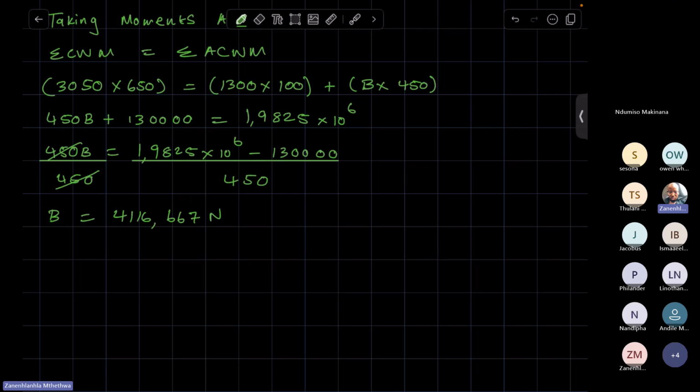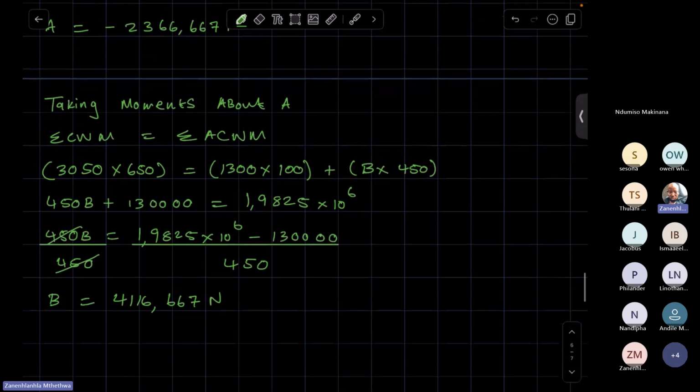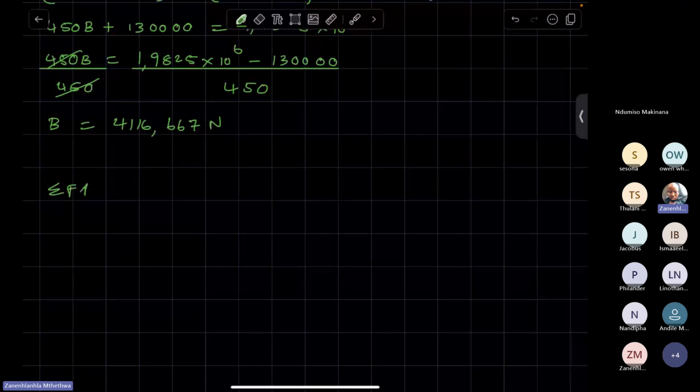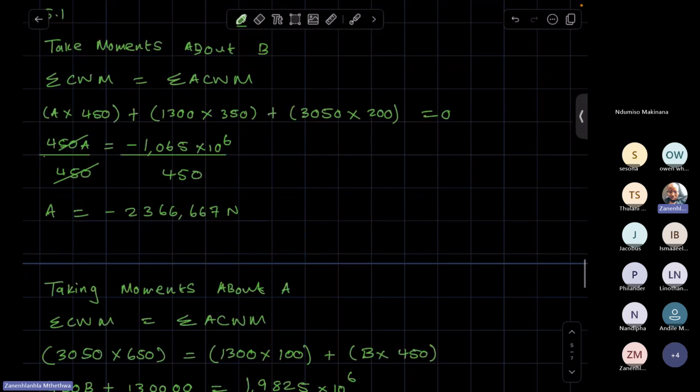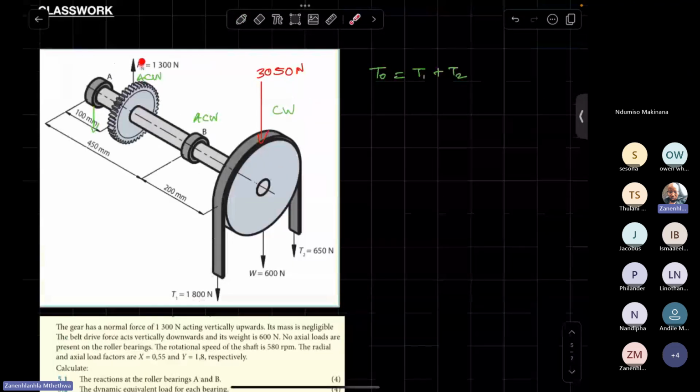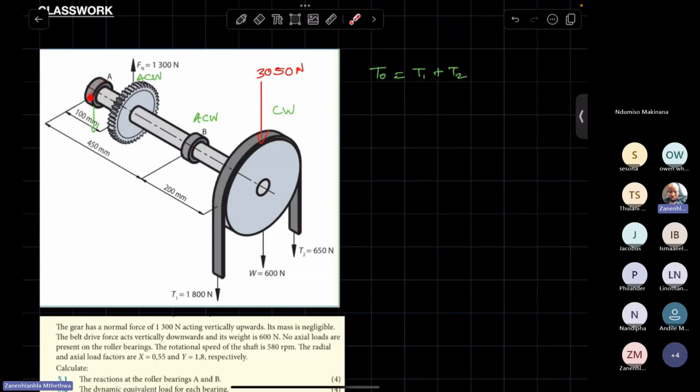Right? And then once you've calculated both the reactions using moments, you test your answers using sum of forces going up is equal to sum of forces going down. Forces going up, we have the normal force as well as the support at bearing B. Remember, we calculated A and found out that it is actually pointing downwards.